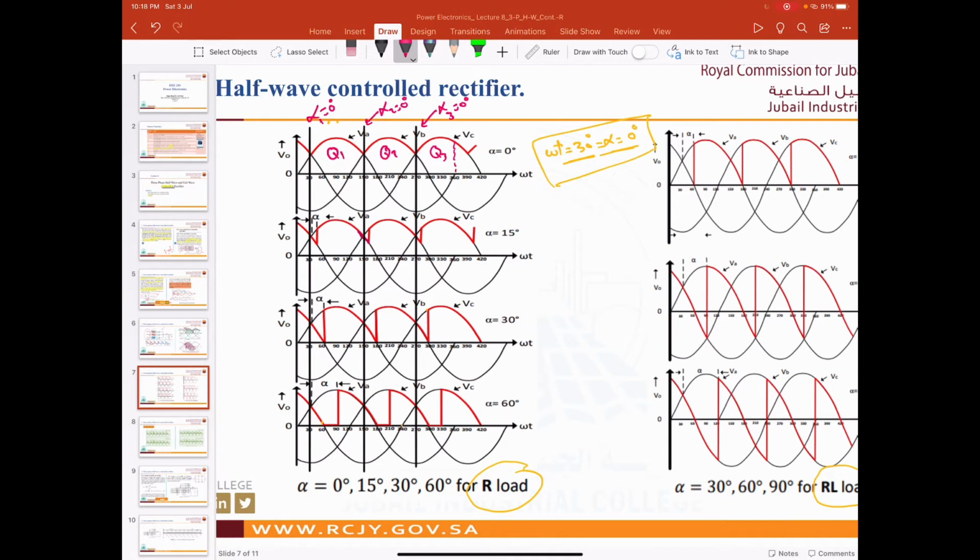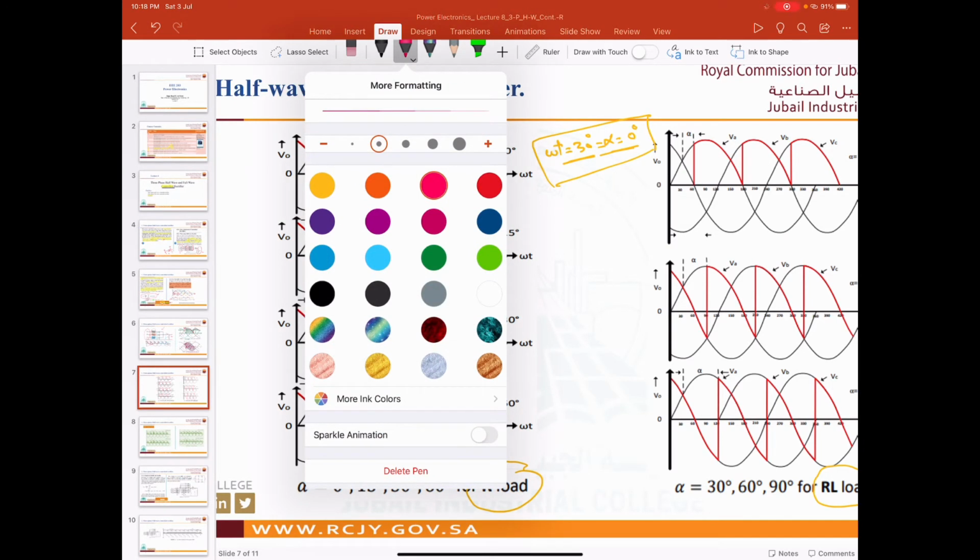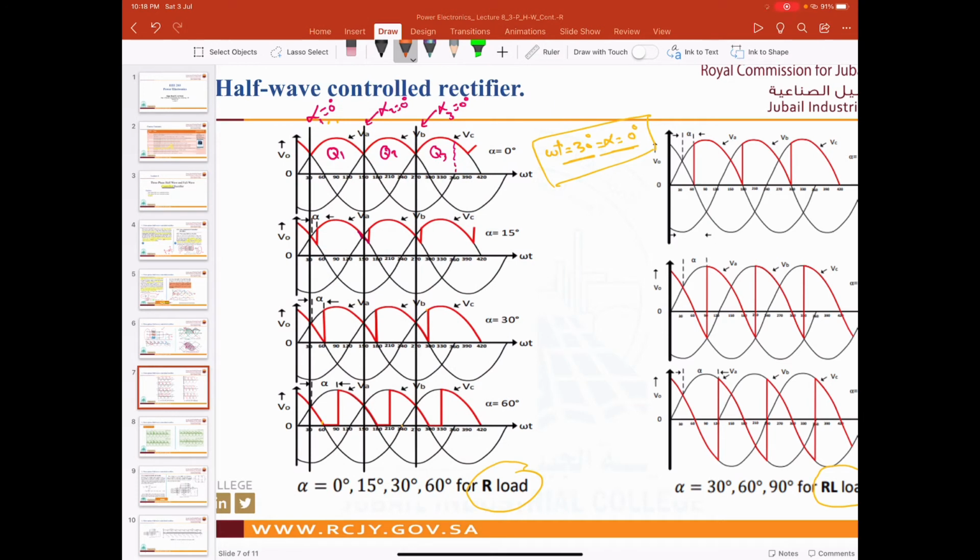Now let us check when alpha is at 15 degrees. Okay, so we can say this is alpha, right? Here alpha is 0, and here if we add 15 to 30 it will be 45. So we can draw a line from the beginning of the waveform up to our 15 degrees.